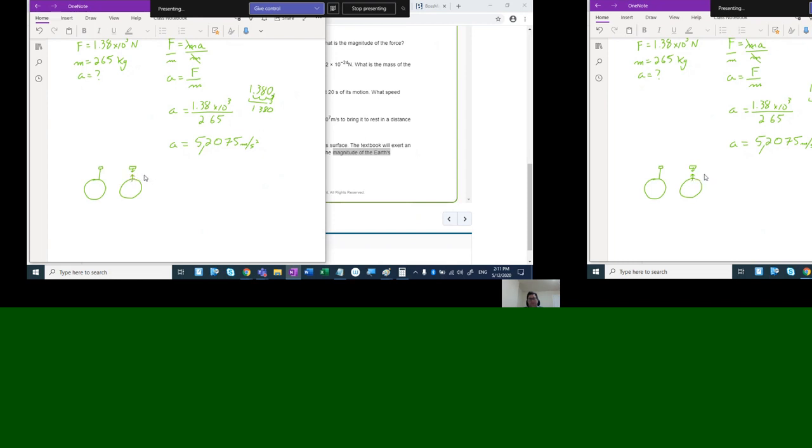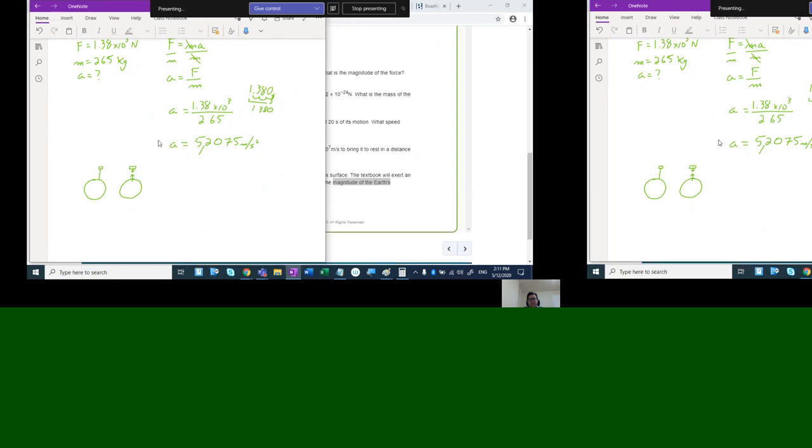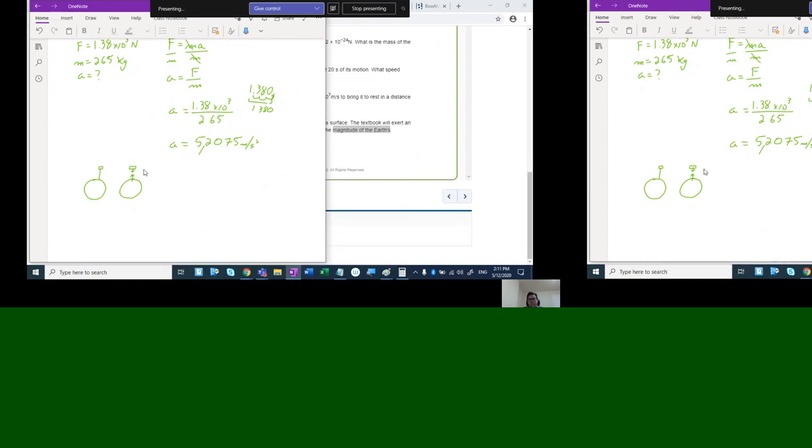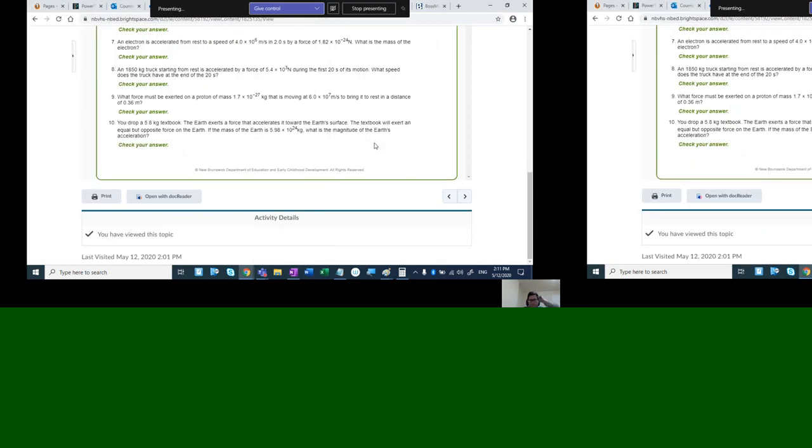Masses attract each other. That's how stars and galaxies are formed. That's why your book falls. What's the magnitude of that force? I think that's the question. So let's write down, 5.8 kilogram textbook.